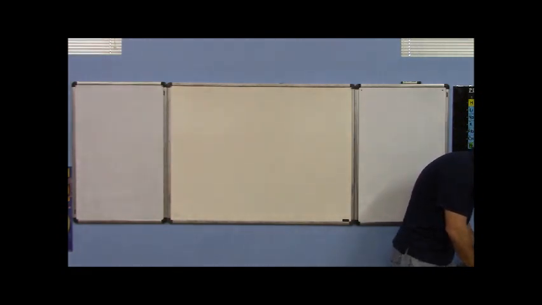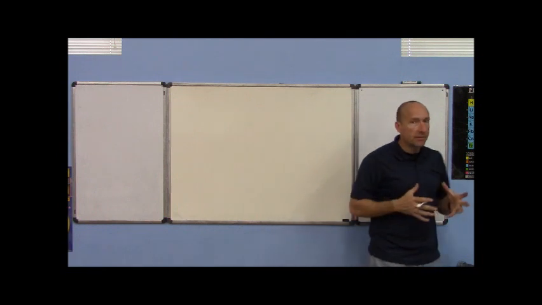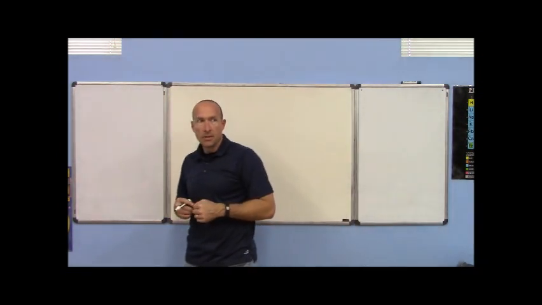Here we're going to be talking about variations. And what I want to do is I want everybody to write these three definitions down, okay? You first have direct variation. Direct variation.